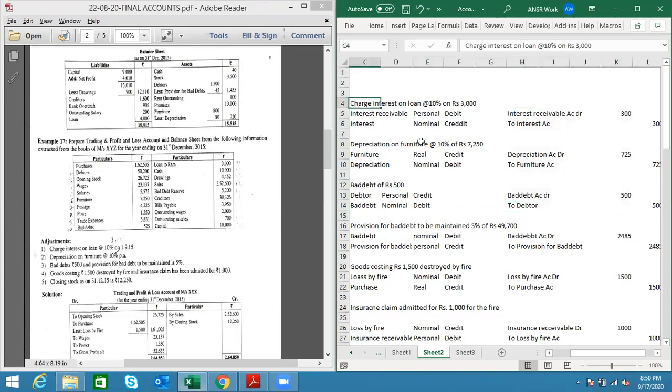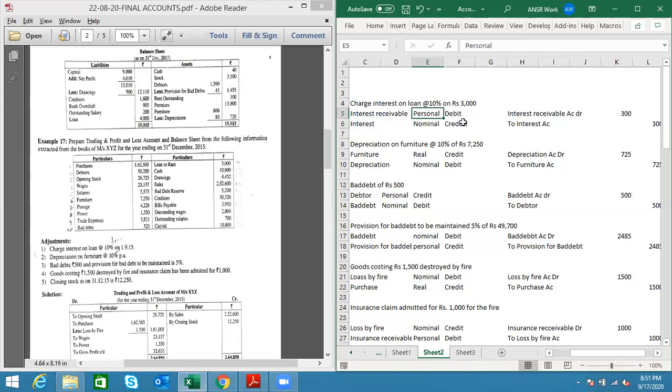The first entry was to charge interest on loan at the rate of 10% on 3,000. So we have charged interest on somebody. Definitely we have given a loan to somebody and charged the interest. The two aspects are interest receivable and interest. Interest is nothing but your income, and interest receivable represents the person who is to pay you the interest, so it is a personal account, and interest, as I said, is an income, so it is a nominal account.